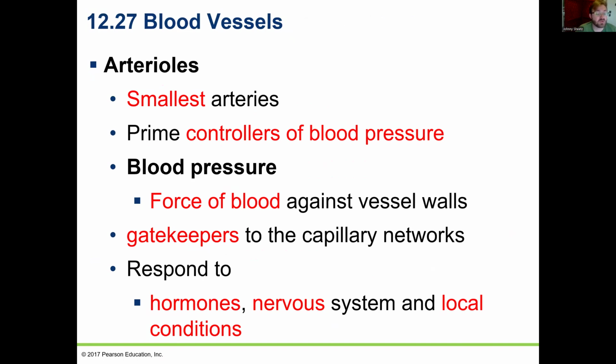This is going to respond to hormonal, nervous, and local condition controls, like you vasoconstrict when you're cold, you vasodilate when you're hot. There are a lot of different mechanisms that can control the dilation of your arterioles, and they're going to be the main indicators of your blood pressure.